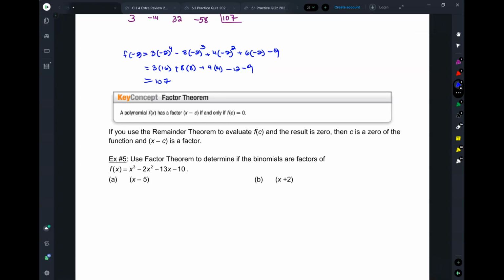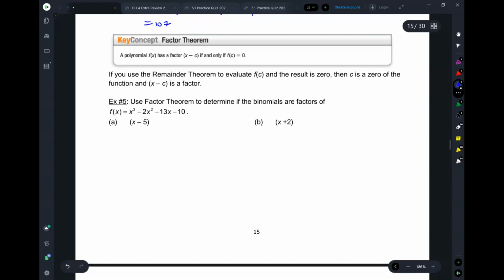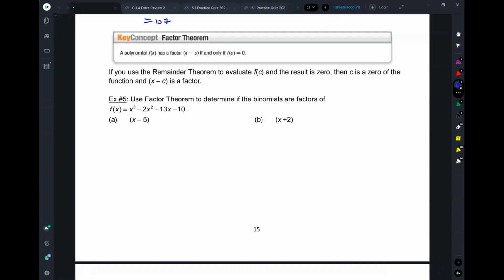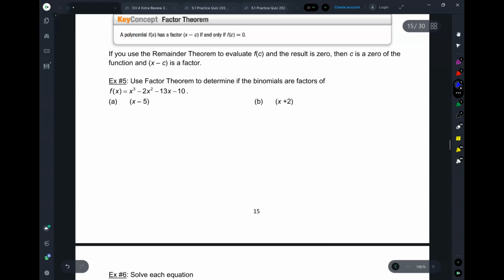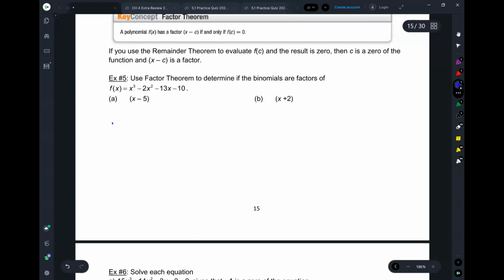Okay, so use the factor theorem to determine if the binomials are factors of this. So go ahead and do that. You're going to do synthetic division. Can you use long division or only synthetic? You can use both as long as you get remainder 0. It doesn't matter. So go ahead and do it.